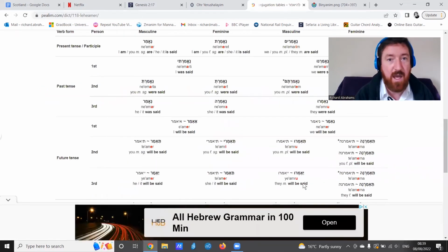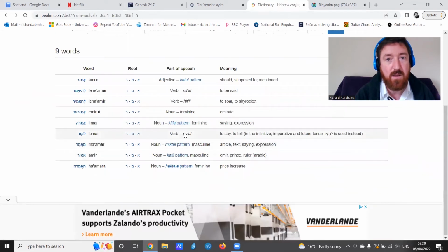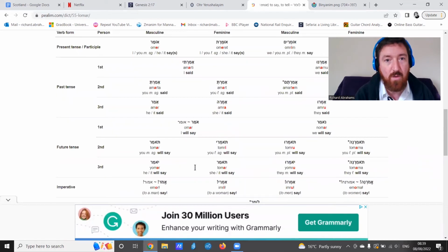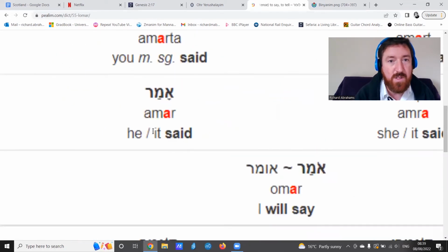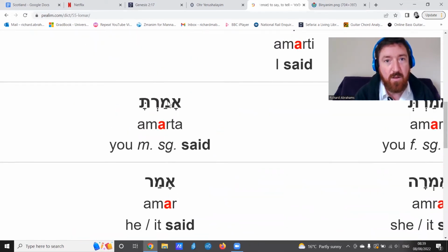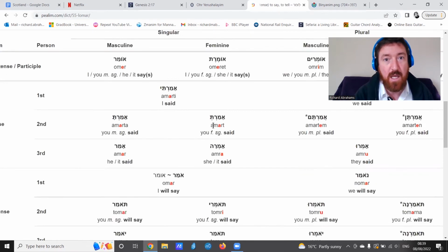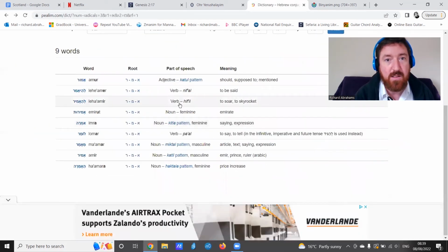Let's go back to the pa'al, right? We're expecting to get the ta and the t at the end. So, the root is amar, the you did it is amarta, ata amarta, and at amart, same pattern. Start with the root and then add the ending, which tells you who did it. Okay, let's take another example. Let's take the nifal, right?